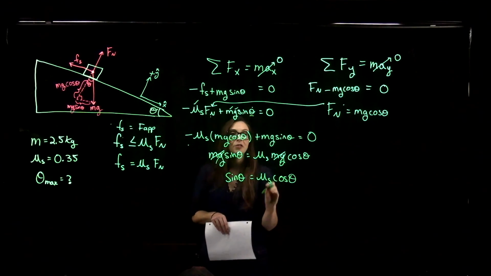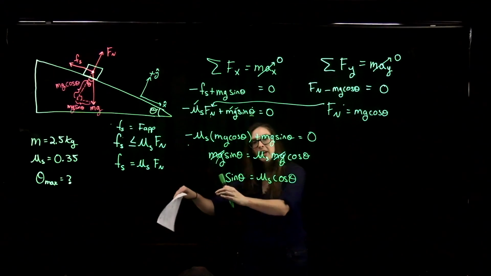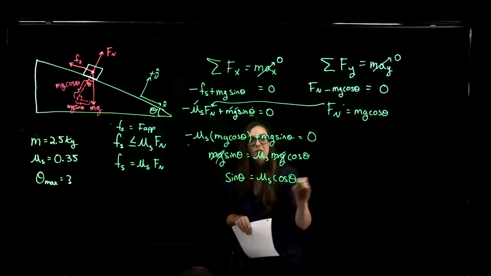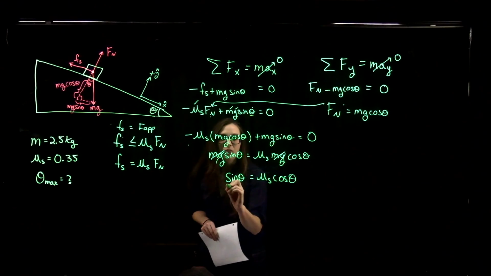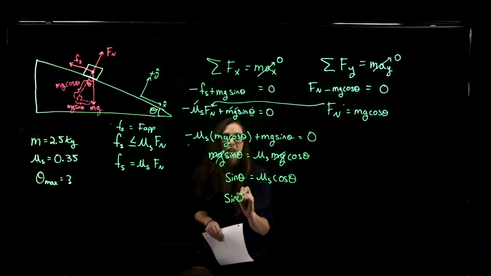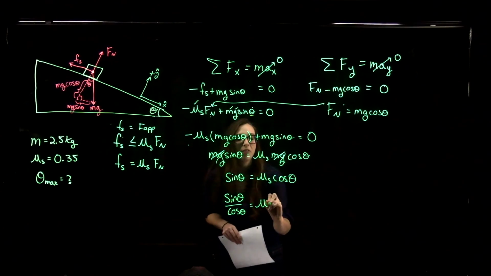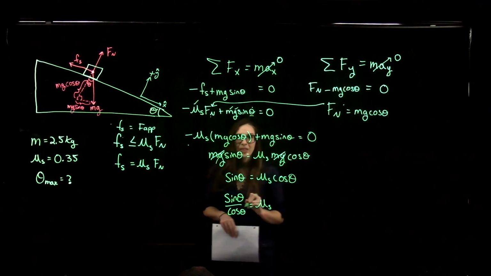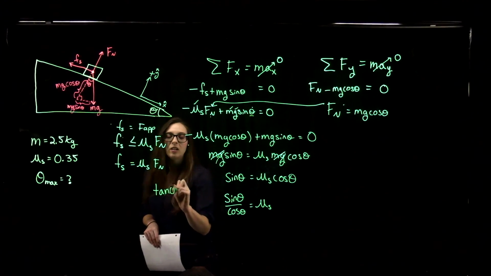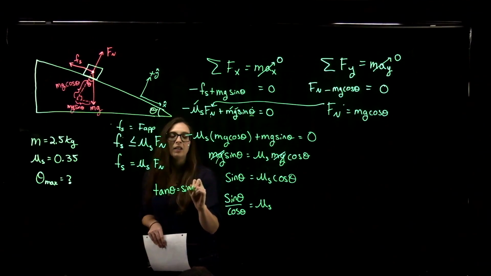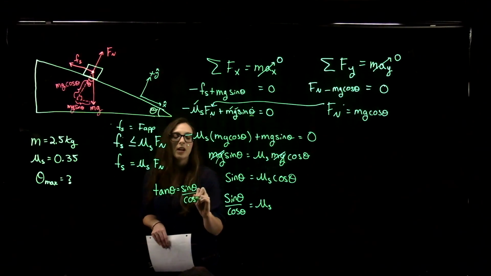And we're looking to solve for theta. I want to get all the terms with theta on one side. So I'm going to divide both sides by cosine theta. So then I have sine theta over cosine theta is equal to our coefficient of static friction. And if you remember from trigonometry, tangent of theta is equal to sine theta over cosine theta.